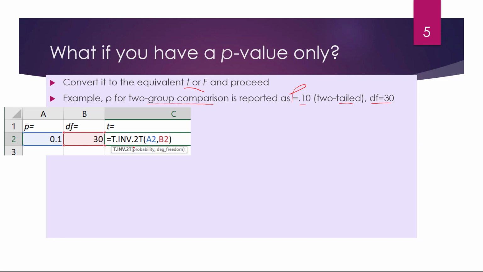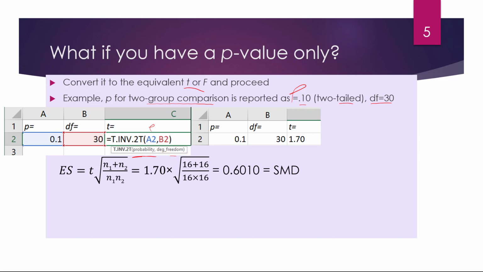And one of them is there's a whole array of these t-inverse kind of things. It's an inverse t distribution. So you're plugging in a p-value, in A2, that's the probability, and the degrees of freedom in B2. And it takes that information and produces an estimate of the actual t, which is right there, voila, when you let it go forward.